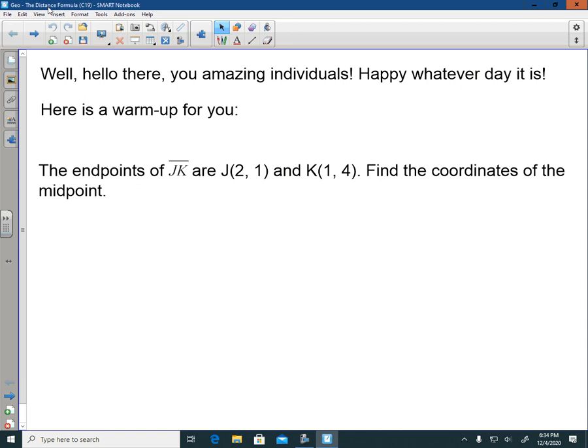It's just not good enough. But it turns out that we have something that will help us calculate the midpoint every time, and it's called the midpoint formula. It looks like this: x1 plus x2 over 2, and then y1 plus y2 over 2.